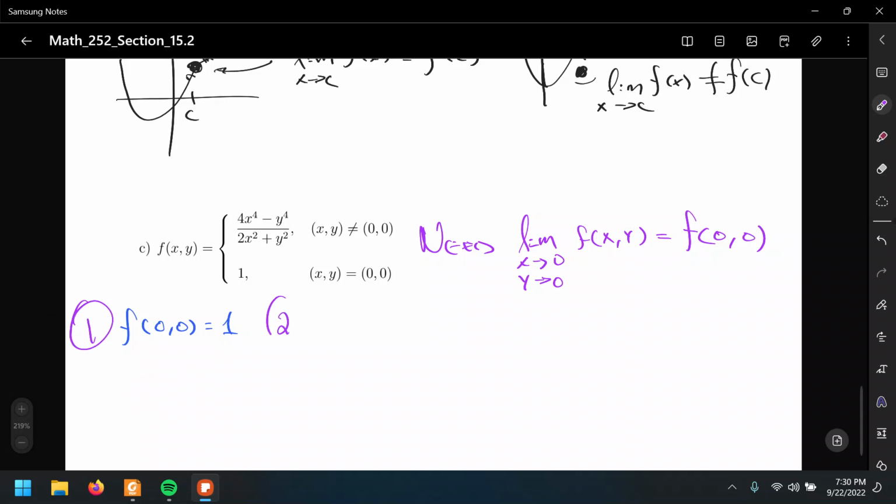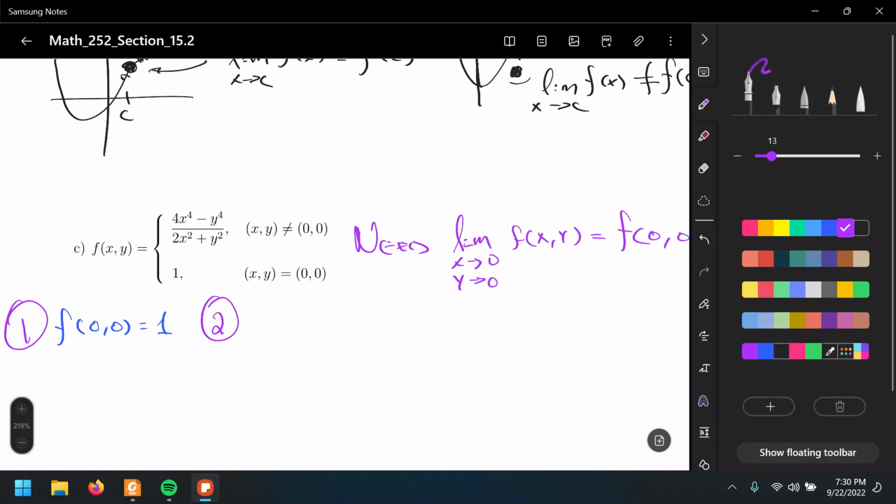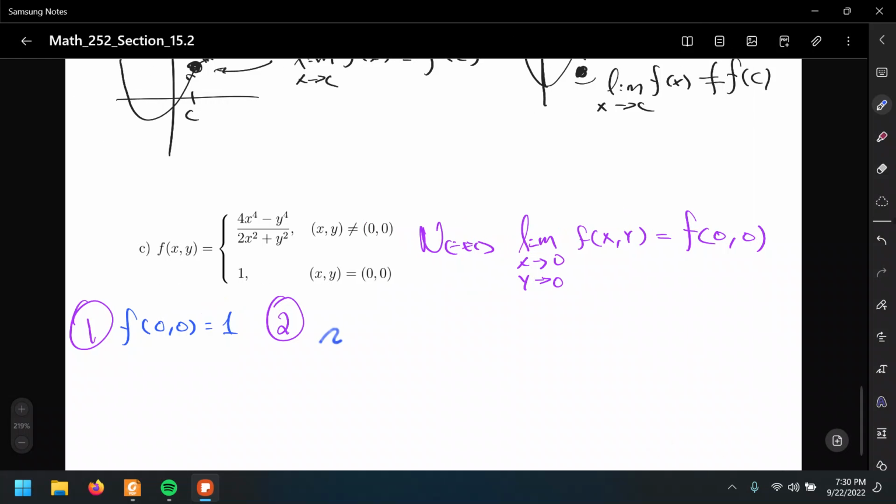Number two, we need to check the limit. And again, for the limit, yes, even though for limits we plug in values, which looks exactly the same as evaluating a function, the concept behind the limit is not evaluating a function, it's how close we get, which value do we get as we approach a certain value, but the mechanics are pretty much the same.